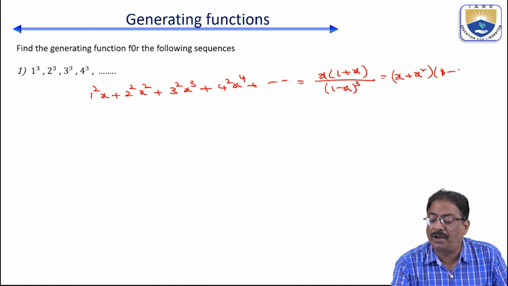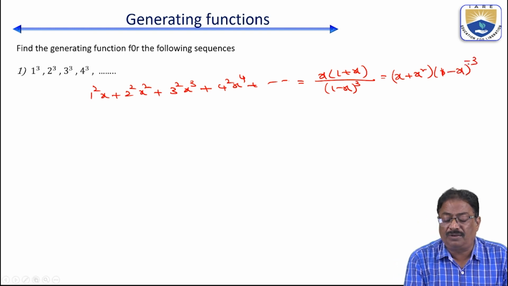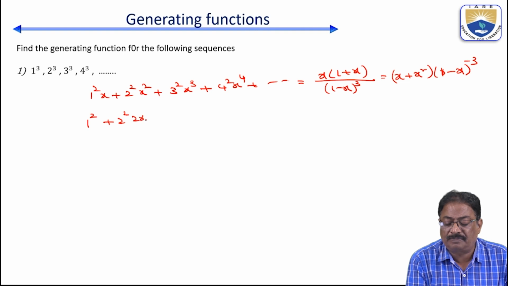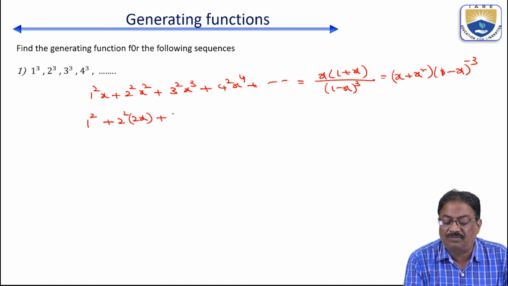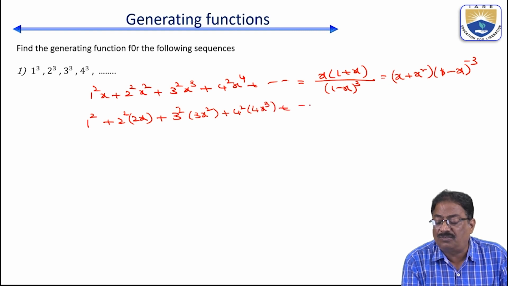Then it is (1 minus x) whole to the power of minus 3. Now I'm going to differentiate this. So it is 1 squared and next 2 squared into 2x, then it is 3 squared into 3x squared, then it is 4 squared into 4x cubed plus and so on.